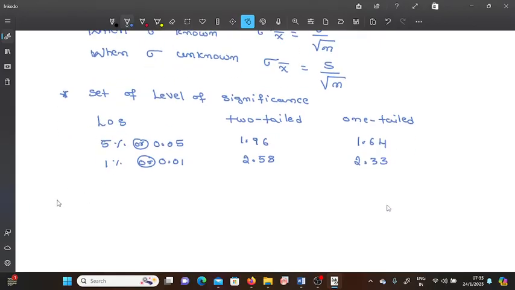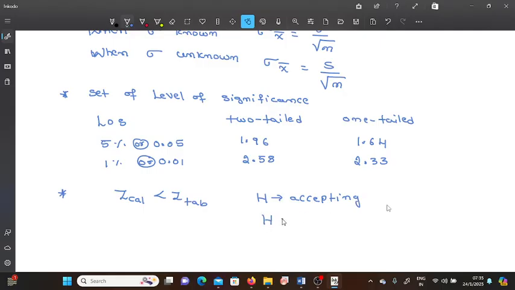Finally, we compare the calculated value of Z with the tabulated value of Z. If the calculated value of Z is less than the tabulated value of Z, we accept the given hypothesis.